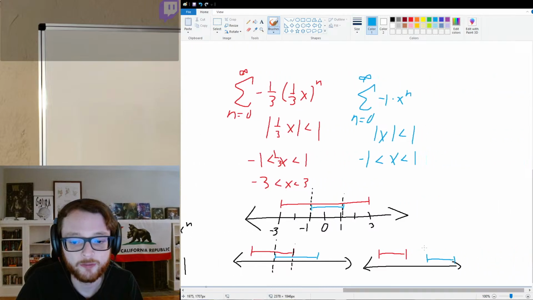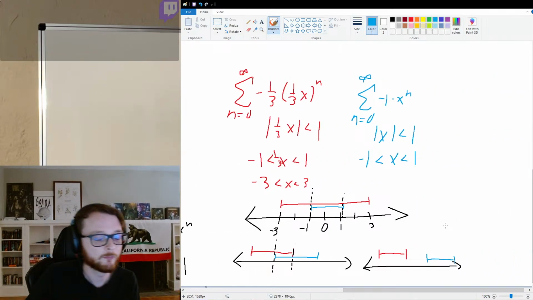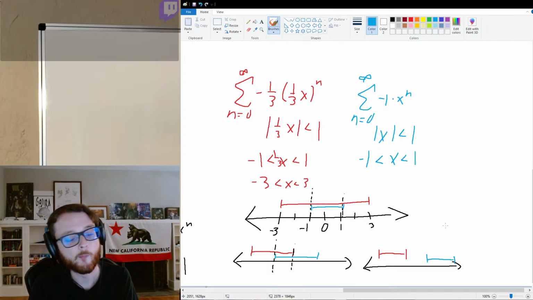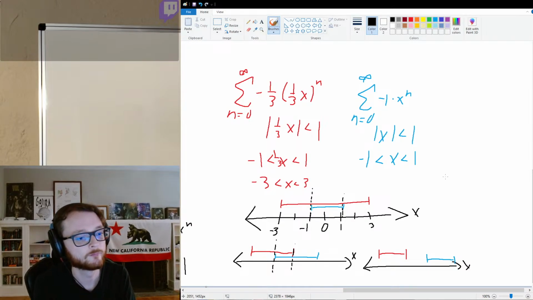And the bottom right is divergent because you can never find a value for x that works for both at the same time. And maybe this number line is values for x, I should say.